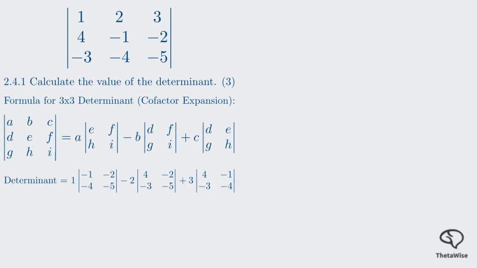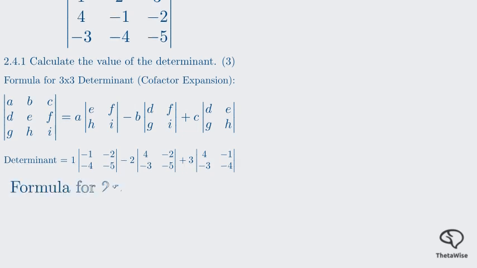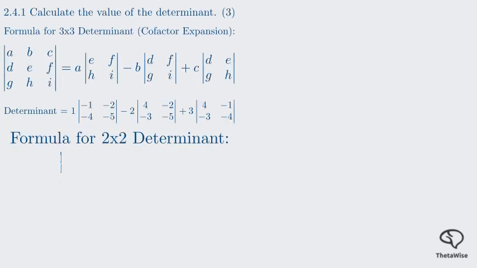Let's remember the formula for a 2x2 determinant. For any 2x2 matrix A, B, C, D, its determinant is calculated as A times D minus B times C. In other words, you multiply the elements on the main diagonal and subtract the product of the elements on the other diagonal. Let's apply this to our problem.